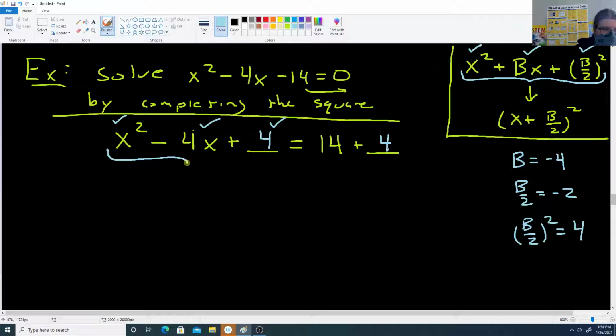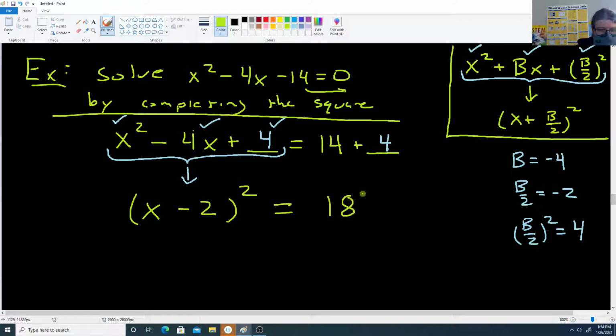So my left-hand side of the equation that paired up with the completing the square formula can factor down as x, and then the b over 2 value is what I add in here. B over 2 is negative 2. So this is (x minus 2) squared equals 14 plus 4, which is 18.